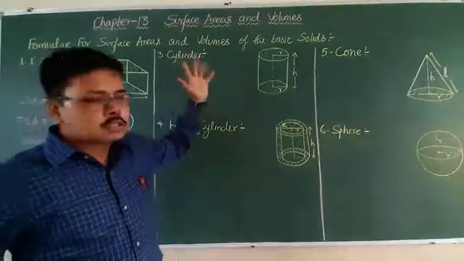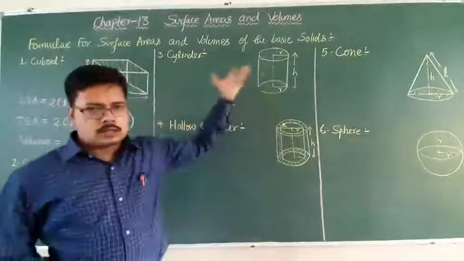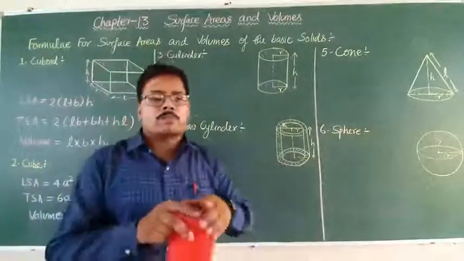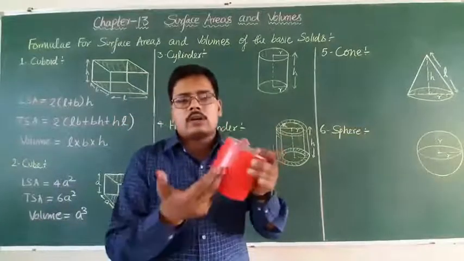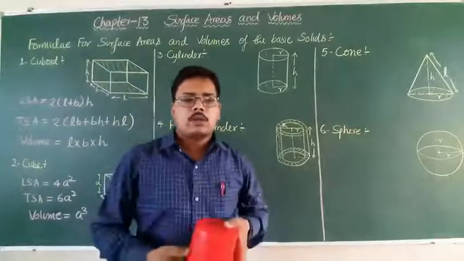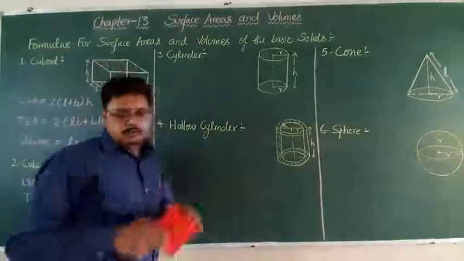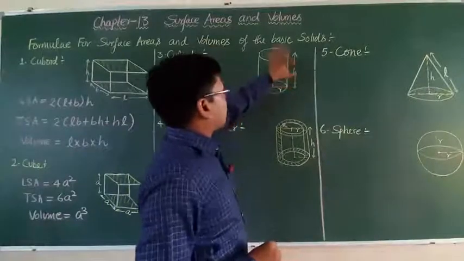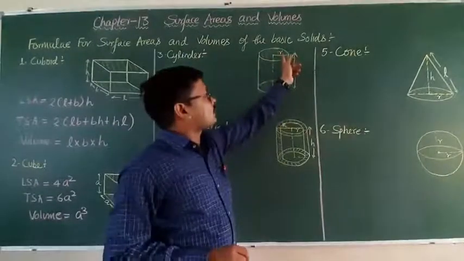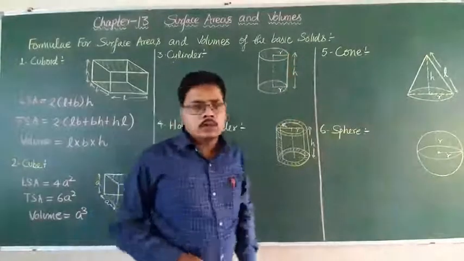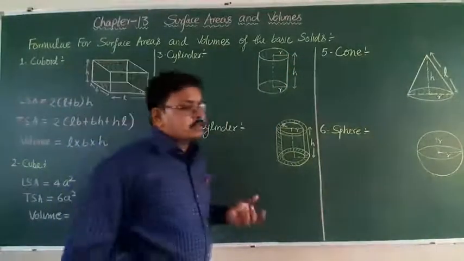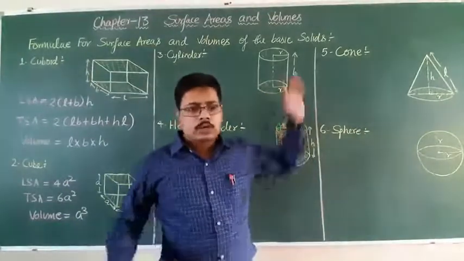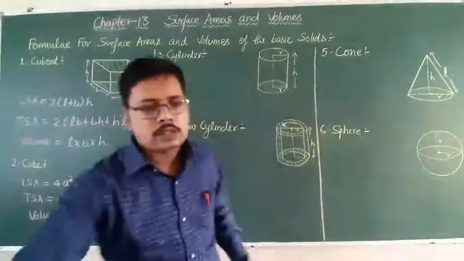Third solid is the cylinder. Cylinder has three faces, you know. One is curved and two are plane. This is the plane, and this is also the plane. So for the cylinder, it has uniform cross sections, radius is r and height is h. Then LSA, that is CSA, curved surface area, because this portion is curved.